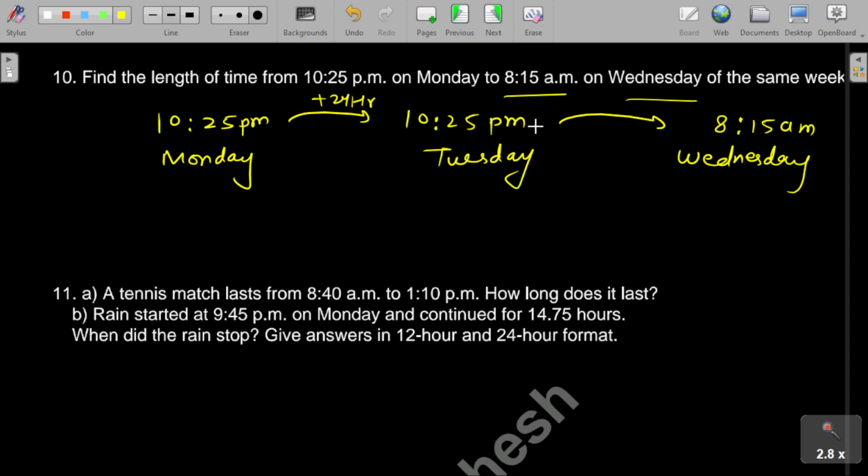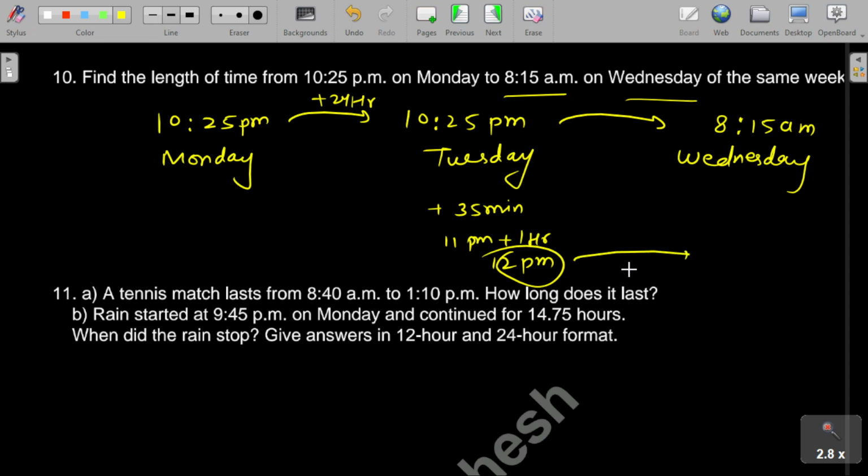a total of 9 hours, and from there first we move 35 minutes. If we add 35 minutes, then it is 11 p.m., and plus 1 hour, which is 12 in the night.